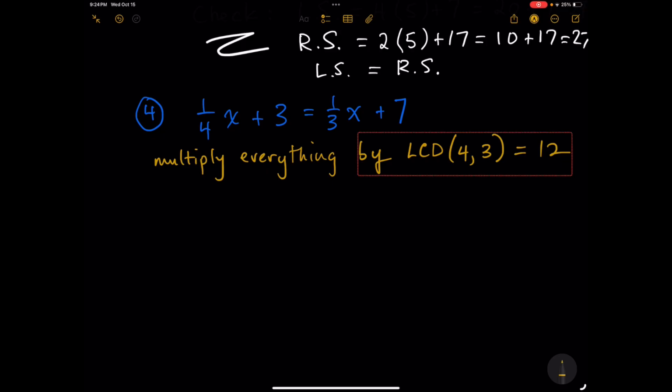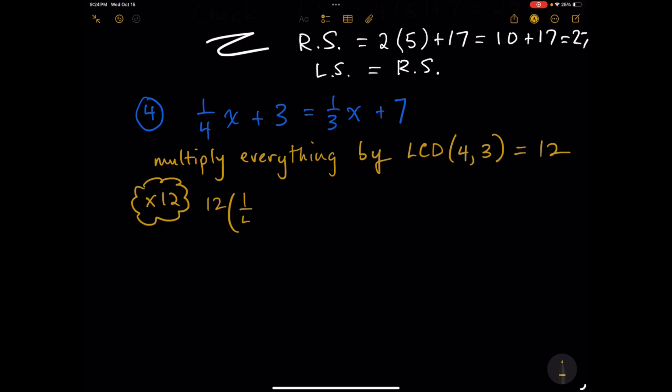Okay, so let's see what happens when we multiply everything by 12. I'm just going to go 12 times 1/4 x plus 12 times 3 equals 12 times 1/3 x plus 12 times 7.